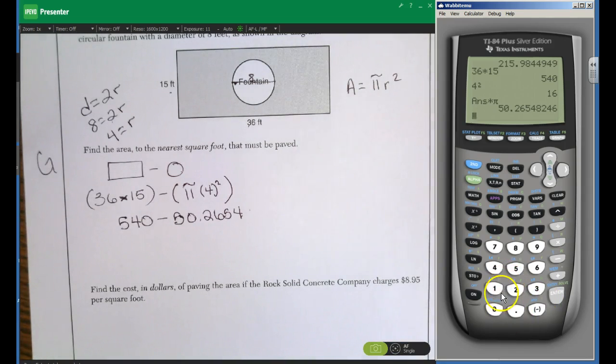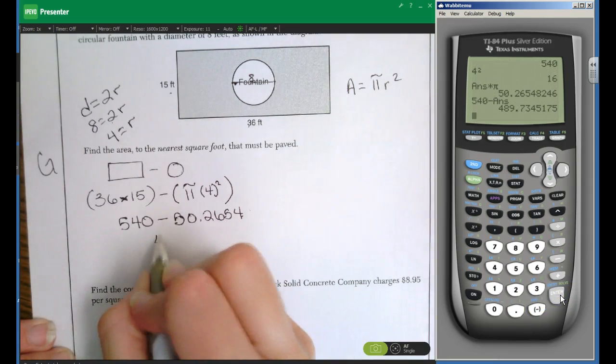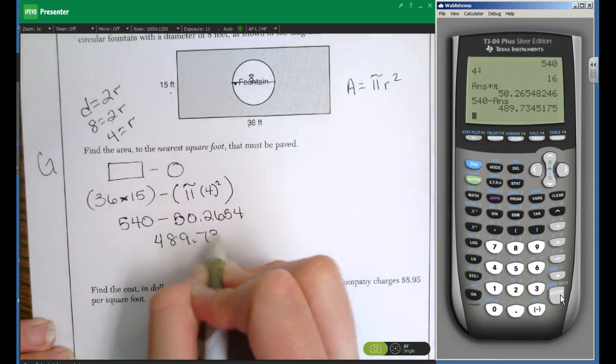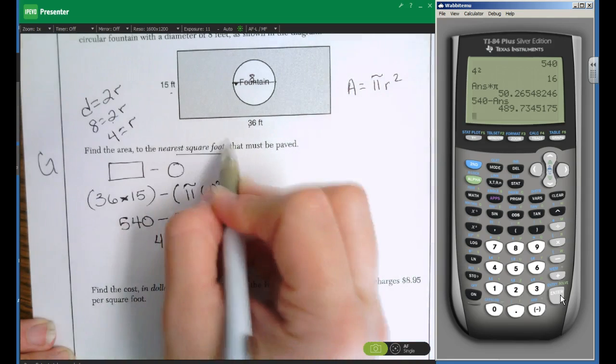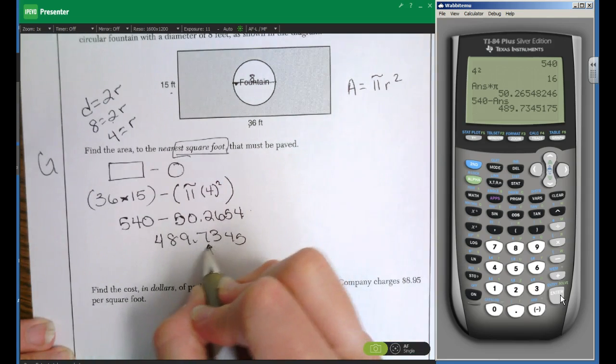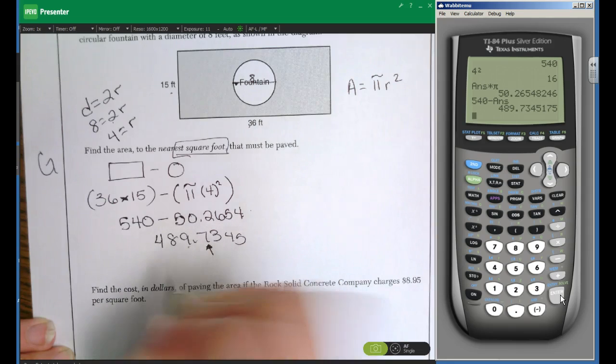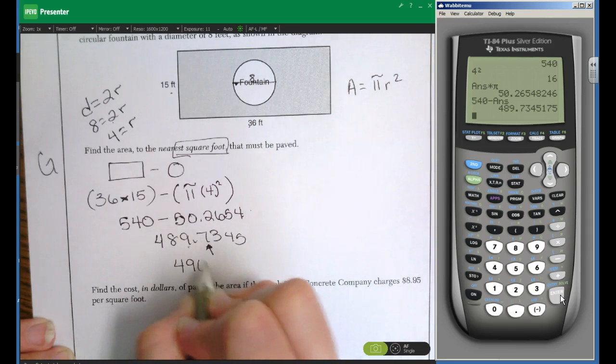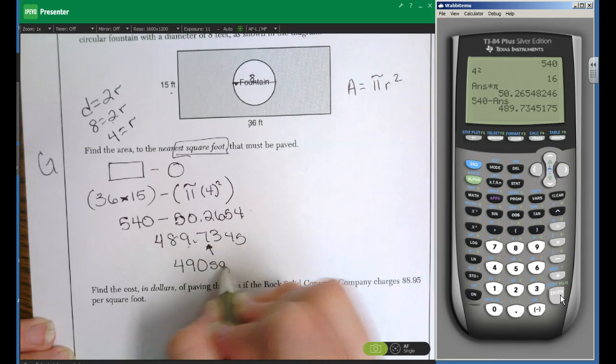Okay, and then we can just subtract. 540 minus, and I'm going to hit second answer, so I don't have to type everything in. And we get 489.7345 to the nearest square foot. I look here, because here's the foot. This is greater than 5. My answer is 490 square feet.